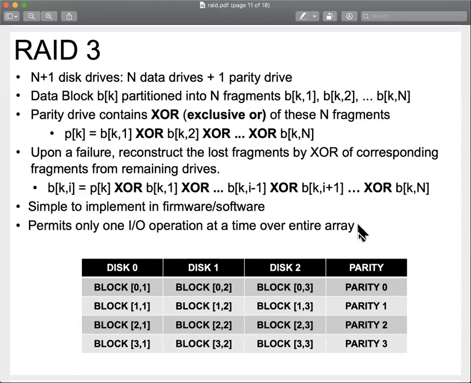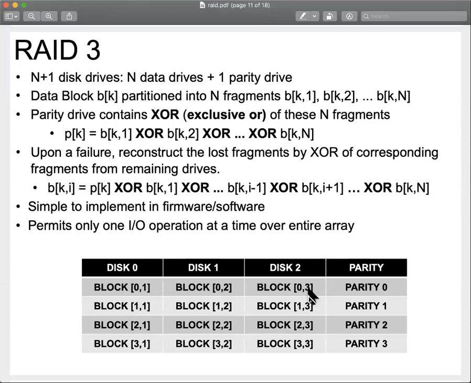You get some very limited parallelism, in the sense that multiple pieces of a single block can be read or written simultaneously, but not much, because in order to compute the parity, you need to do that operation over all the blocks and then write to the parity disk.